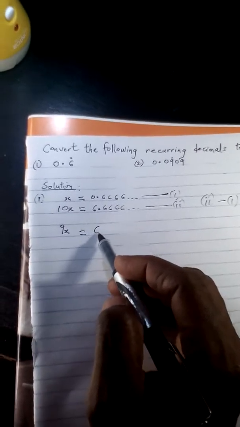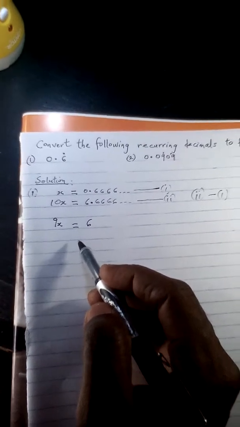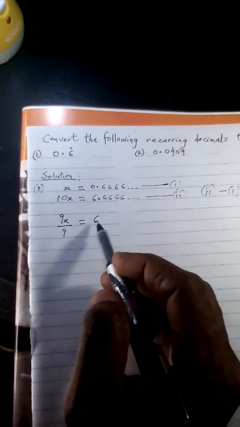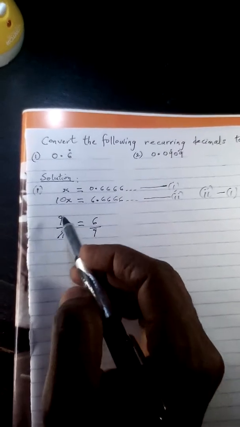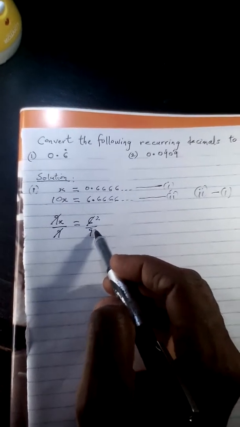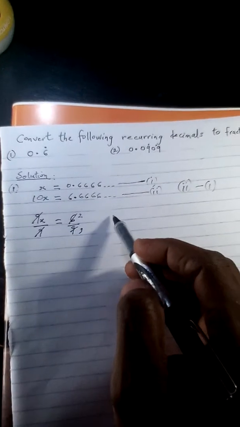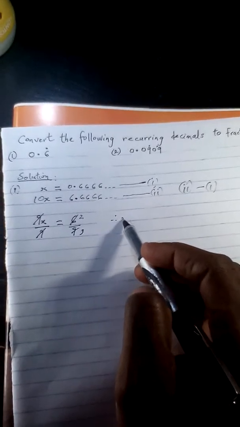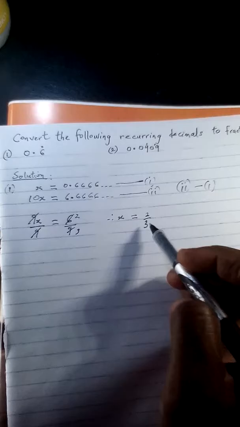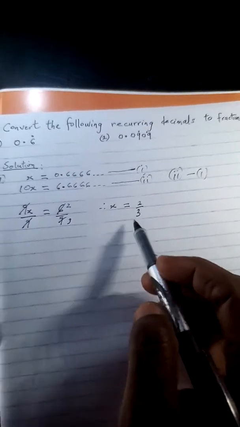So we're going to have 6 here. So from here we divide both sides by 9. 9 will cancel 9. 3 here, 2, 3 here, 3. So therefore x will be equal to 2 all over 3. So this is the answer.